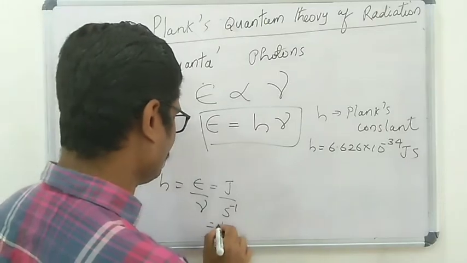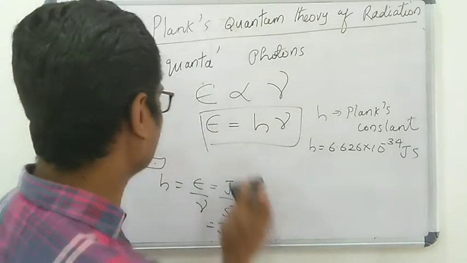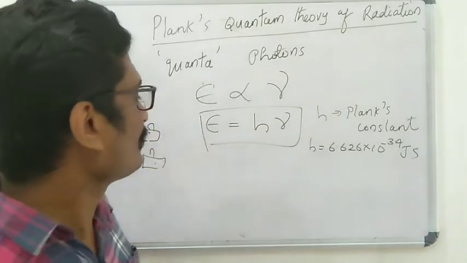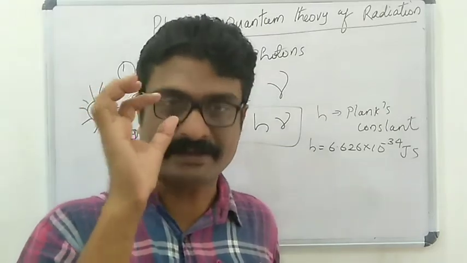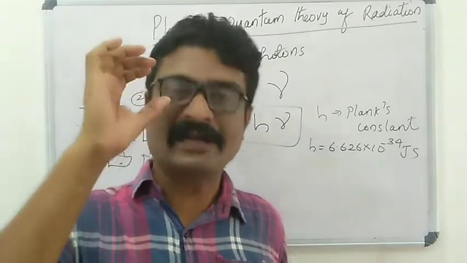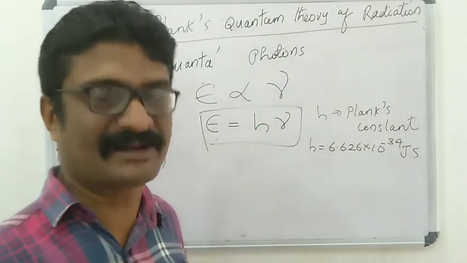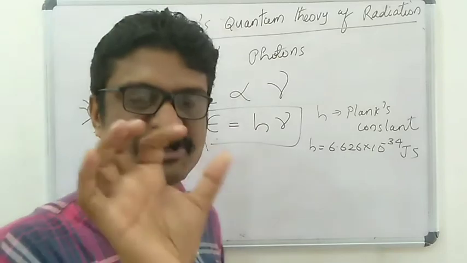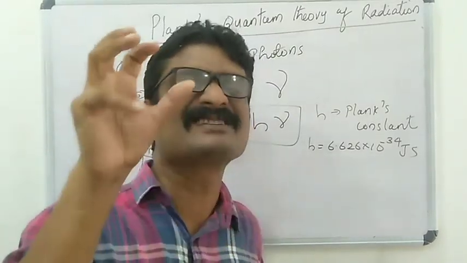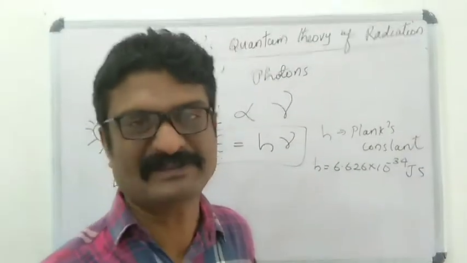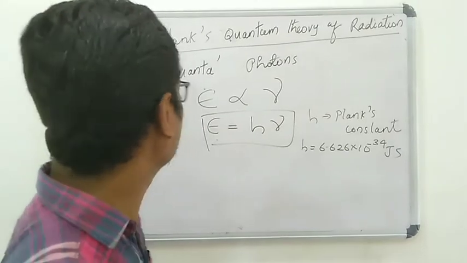That means the unit of Planck's constant is joule second. That means a quantum, energy packet or a photon possesses h nu amount of energy, with an energy packet, h nu.